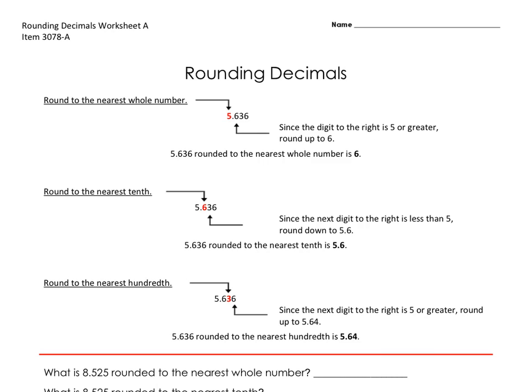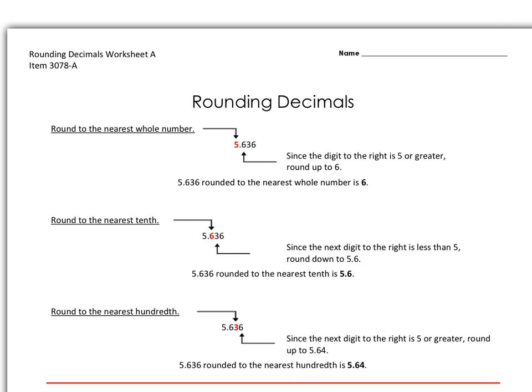Alright, so what we're looking at with this video is rounding decimals. It's really important that you know your place value and that you can compare decimals and then look at whether or not they are 5 and greater, or 4 and below.